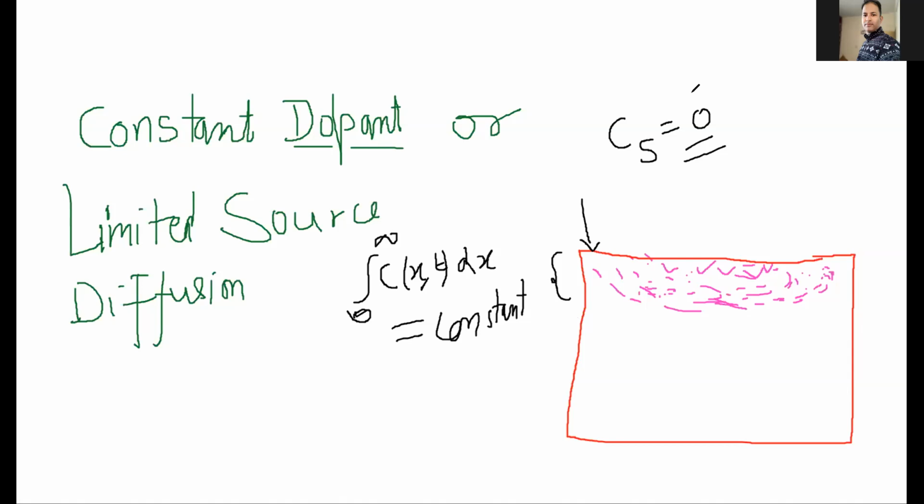Now if you apply some temperature and allow diffusion, what will happen is that these dopant atoms will diffuse even deeper into the substrate.